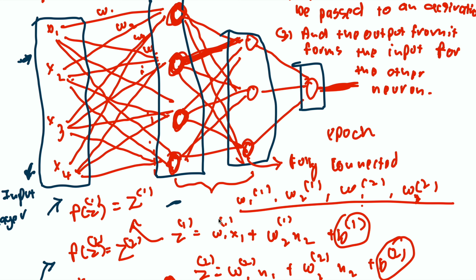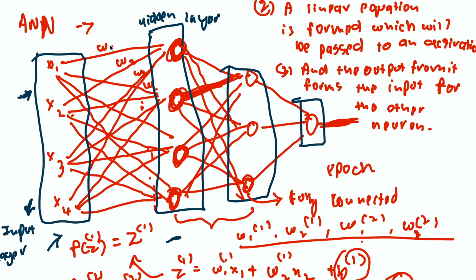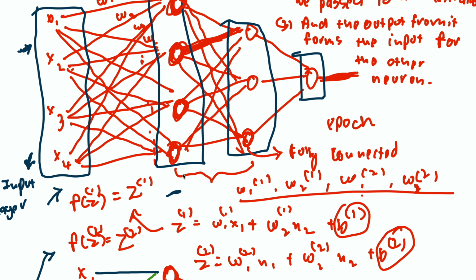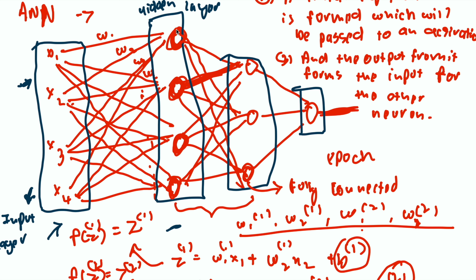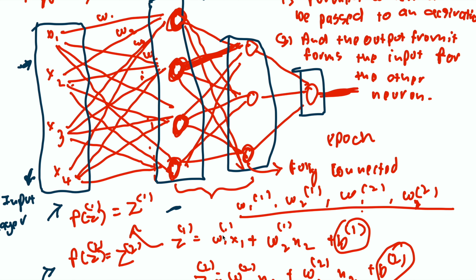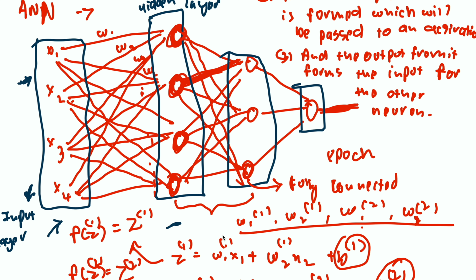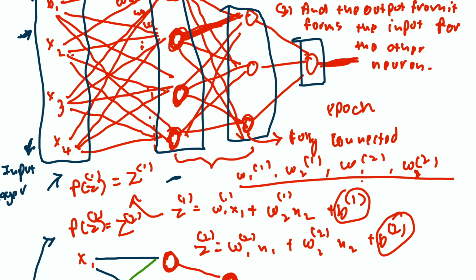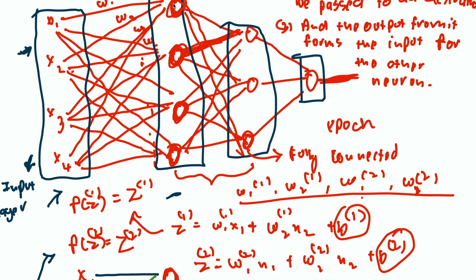You can see we have written 1 in the superscript. So x1 goes here, x2 goes to this unit, and x3 goes to this. So basically we are getting z1. x1 will be multiplied by w1, so this will be w1 x1, and then x2 goes to this neuron unit, then w2 x2.